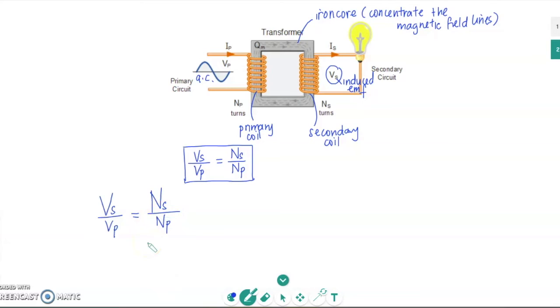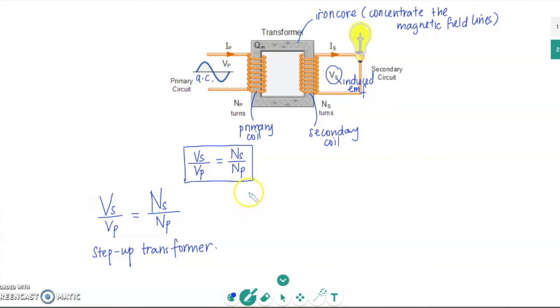So then in this case, I'm going to have a larger induced EMF in the secondary coil. And this is what we call a step-up transformer.